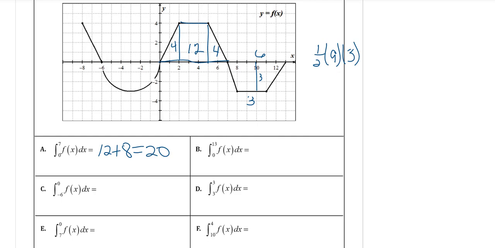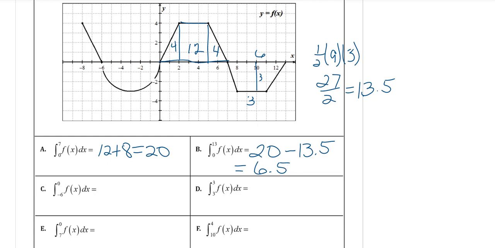So it's going to be half of 27, or 27 over 2, which is 13.5. Okay. So what we're going to do is take our area from 0 to 7 and subtract from it the 13.5, so we get a net area of 6.5.